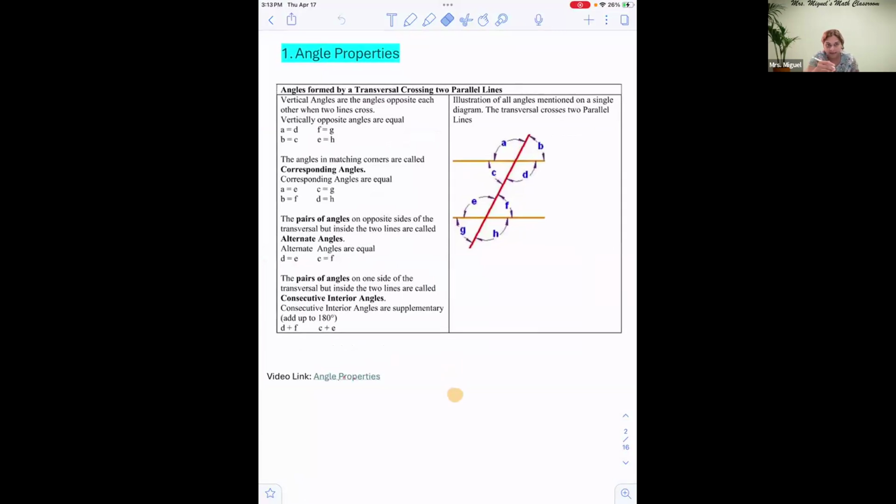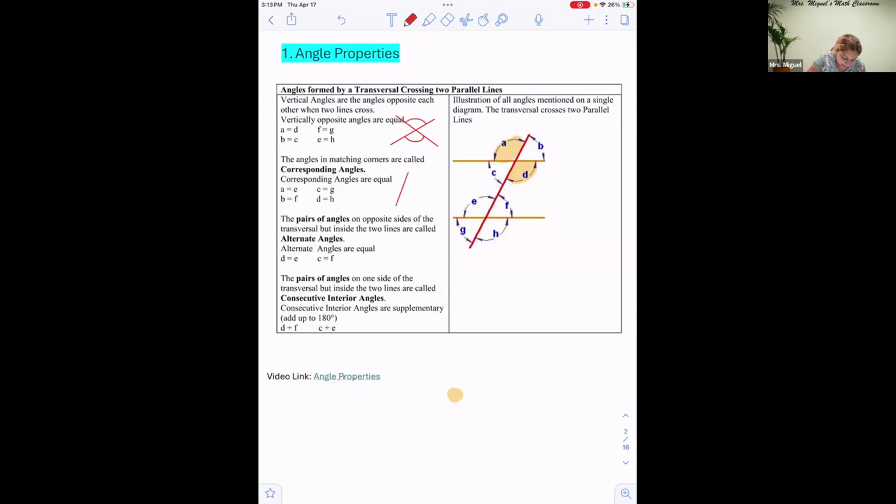Now, just as he said, and we want to emphasize, vertically opposite angles are formed by an X. If you see vertically opposite angles, they are equal, and we identify them with an X shape. So in my diagram here, A is vertically opposite to D. So those angles are the same.